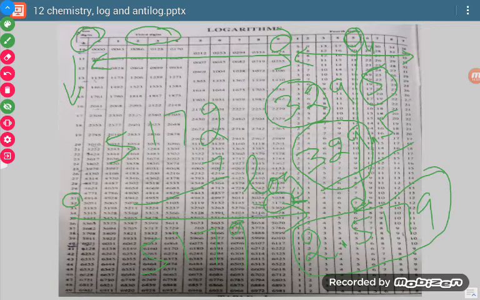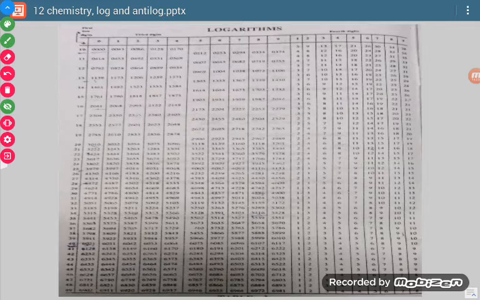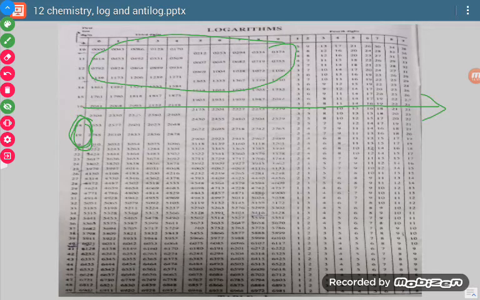So this is the way how we do it. We see the first two digits here, and then we move in the same horizontal row. For the third digit we see in this area, then we find the value, and for the fourth digit we see in this area.